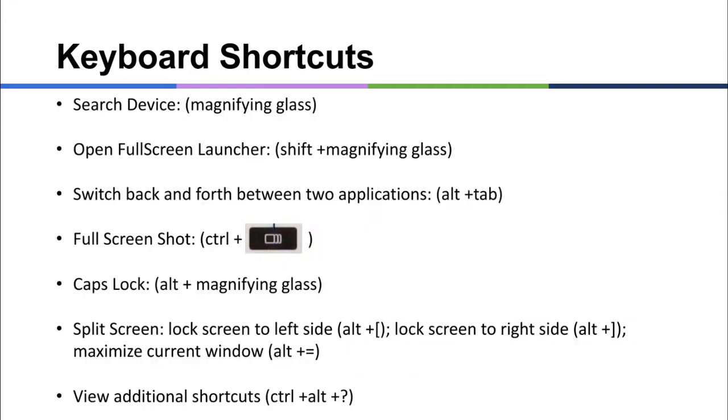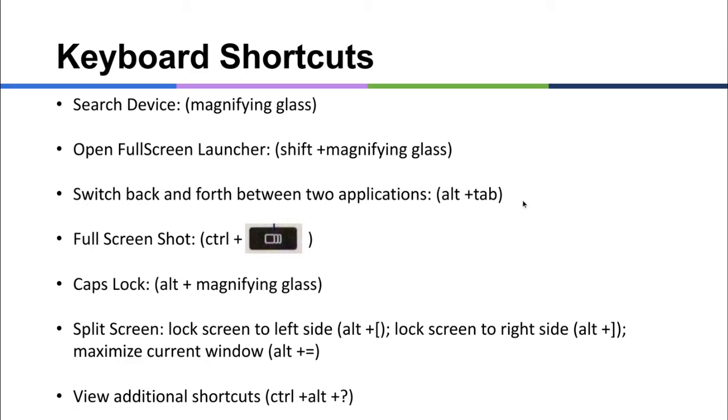All right, now let's look at some shortcuts that you have available on your keyboard. Using some of the keys on your left and right, as well as some of the keys on the top, those combinations can get you access to things quickly. One of the first things you might want to use on a regular basis is to search your computer.